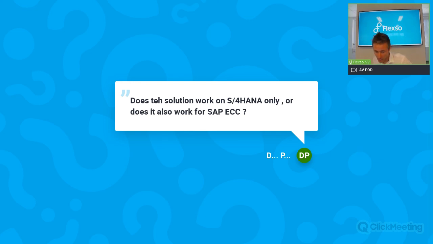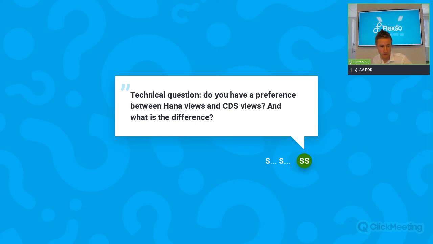Maybe another technical question for Thomas. Do you have a preference between HANA views and CDS views, and what is the difference? I think that is something we could have a nice chat about with a beer, because it's difficult to say. You always choose the perfect fit for the customer.